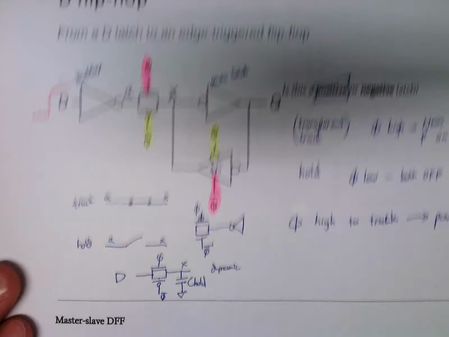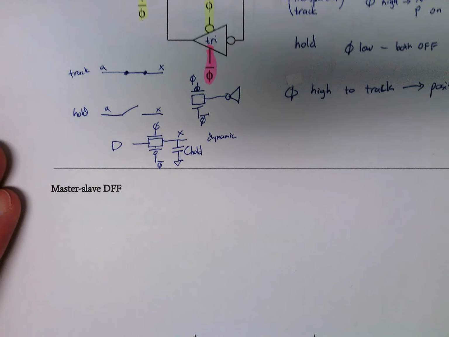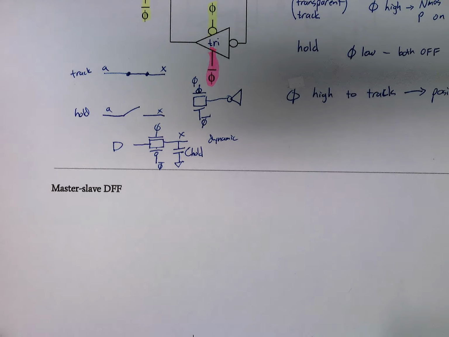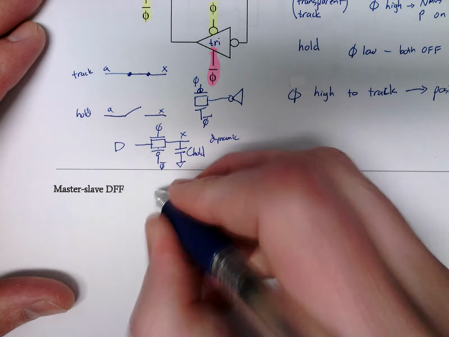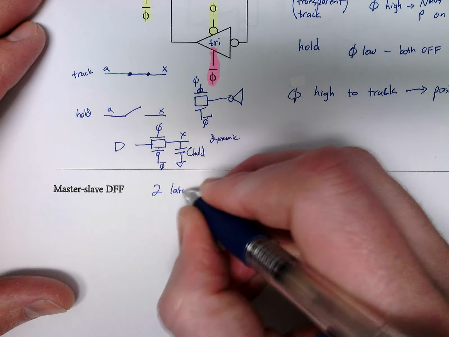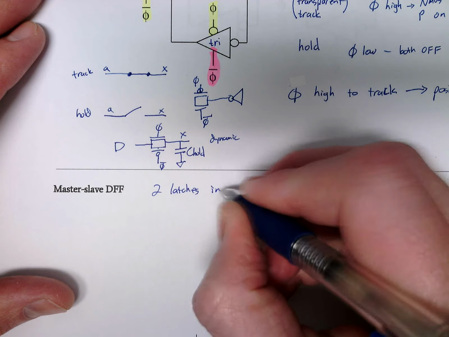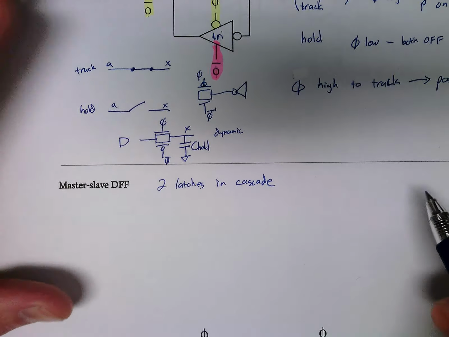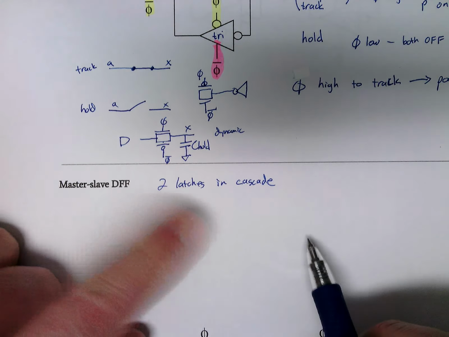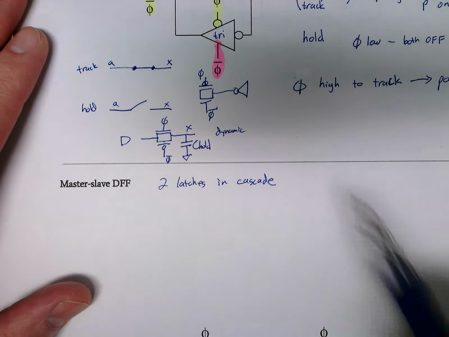Next up, we're going to start to make a master-slave flip-flop. I'm not going to show you what's below there yet. A master-slave flip-flop is just two latches in cascade. That's not series, but it's one followed by the other. The very simplest version, we could use this.